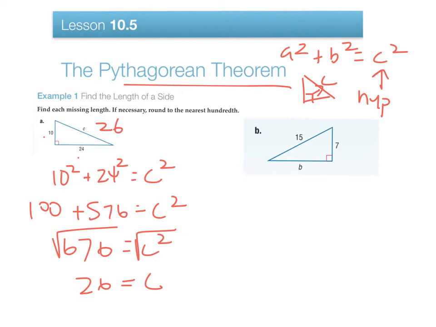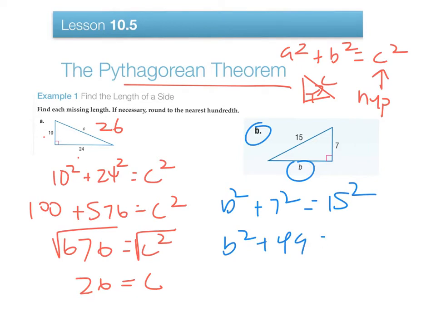So we're going to find letter b, in this case right here. And so I'm going to have b squared plus 7 squared equals 15 squared. When I do the math, it's going to be b squared plus 49 equals 15 squared, which is 225.